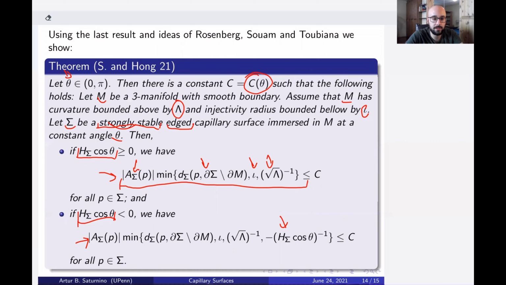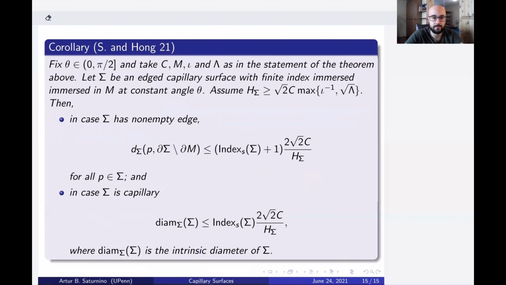Now, notice that in this first bound, the mean curvature doesn't enter. And this is nice because it lets us conclude the following corollary. So now assume that the angle is between 0 and pi over 2.